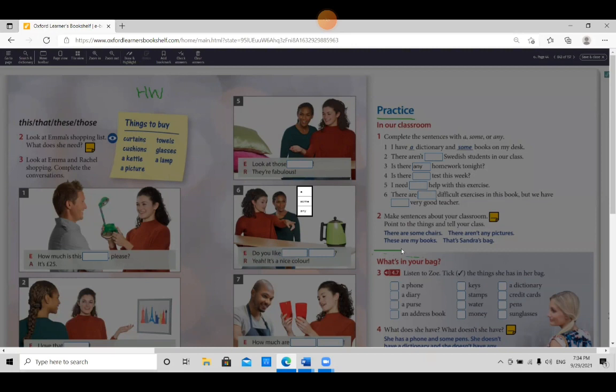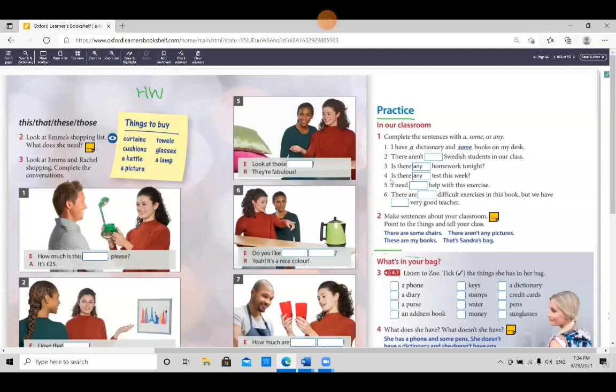Is there any test this week? Now, if the sentence is positive, we say there is a test this week. But in a question, we don't use a, we use any. Is there any test this week?